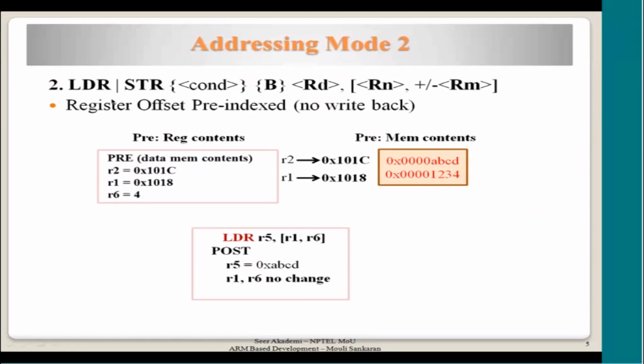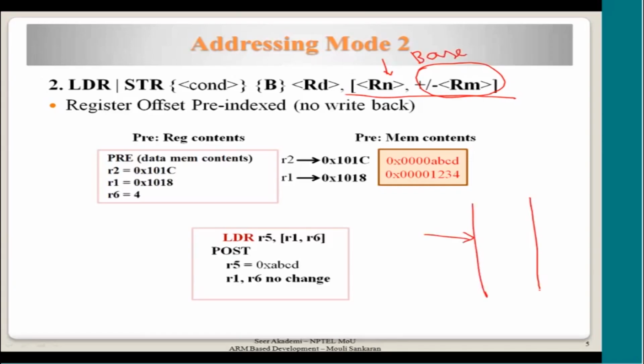Again, I tell you, we are trying to see all the different ways I can generate the offset, that is this portion. Okay, now the offset is generated using this part of the instruction. And what is this Rn? This is the base register. Remember, base register means assume your memory is there.